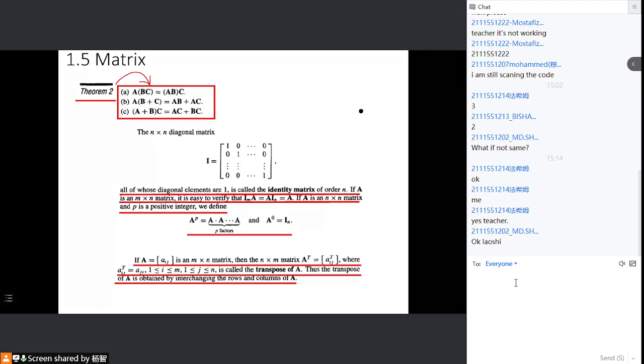Let's think about another special matrix, the identity matrix.